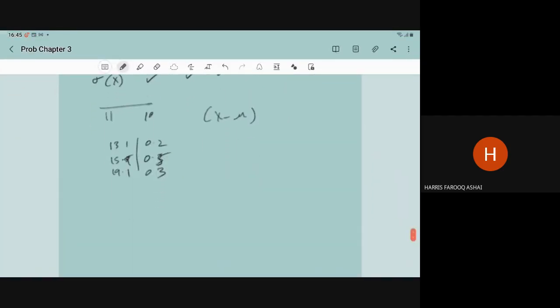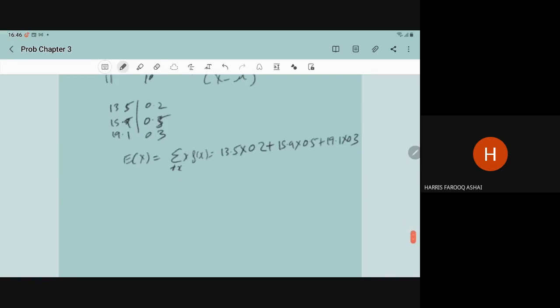So what is the EX? EX is the summation over all x of x into f(x). It means 13.5 with corresponding probability 0.2 plus 15.9 with corresponding probability 0.5 plus 19.1 with corresponding probability 0.3.